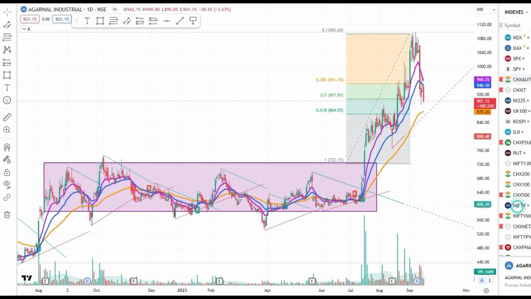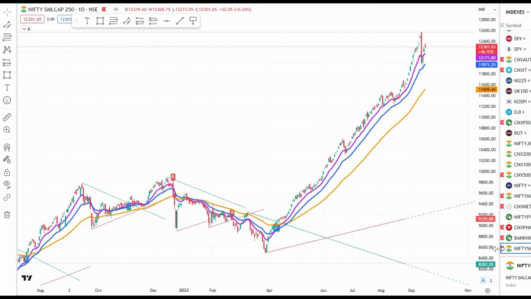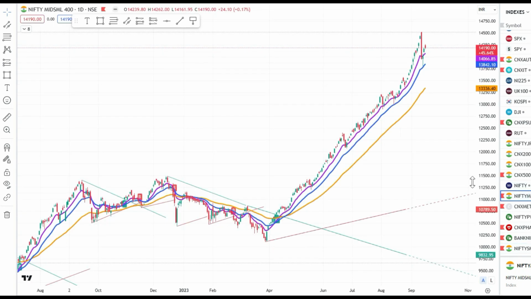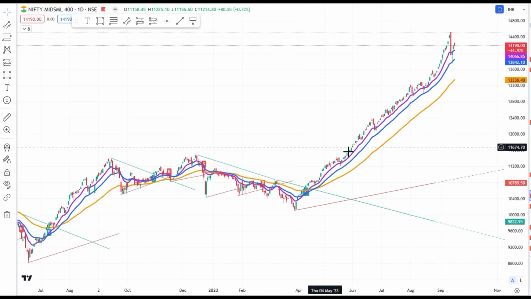then you should also look at the index. For example, this is for the small caps. It has 450 stocks. And there is another index called Nifty Small Cap Index. There is another called Nifty Mid Cap and Small Cap Index. So it has 400 stocks in it.